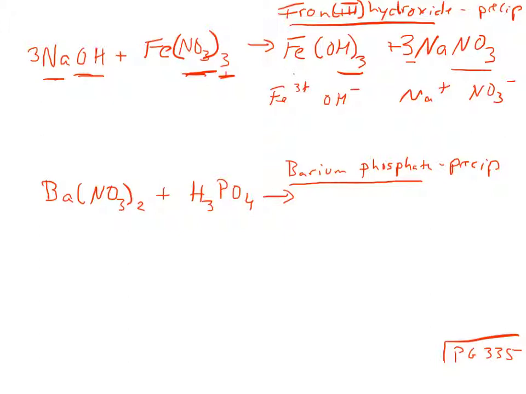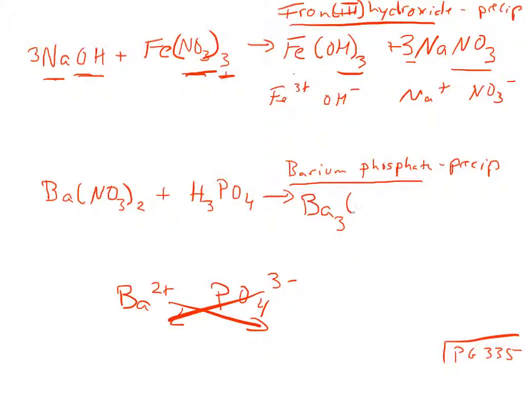Alright, in the next one, it says barium phosphate is a precipitate. So barium's 2 plus, phosphate, PO4, 3 minus. Well, we're going to do a little crisscrossing stuff. Looks like we're going to get a compound with formula Ba3(PO4)2, plus, well, what's left?